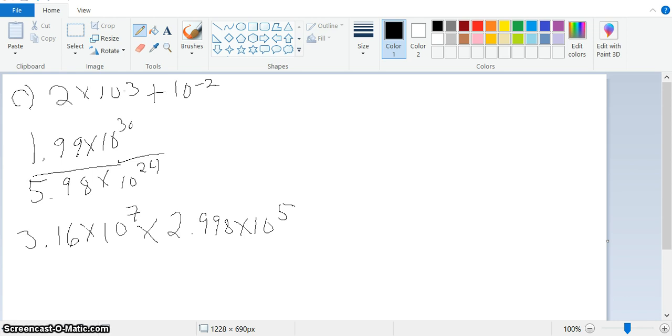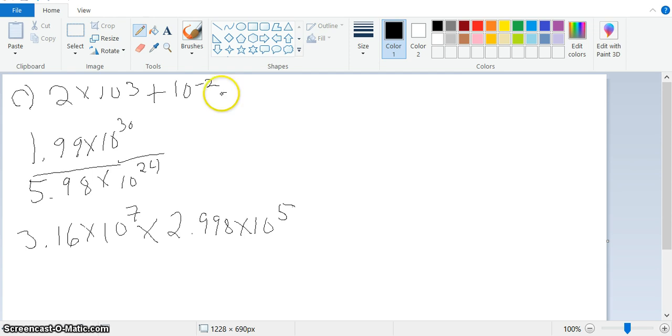That almost looks like a minus, sorry about that. Here, let me try to erase that. So it's 2 times 10 to the third plus 1 times 10 to the minus 2. And I think it says to do this in normal units.